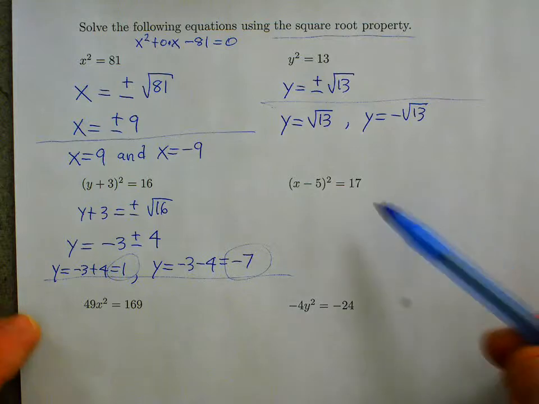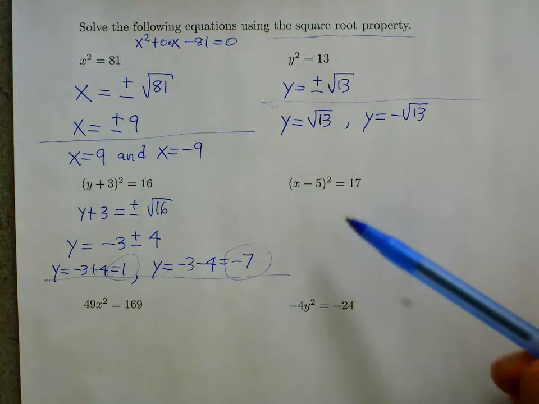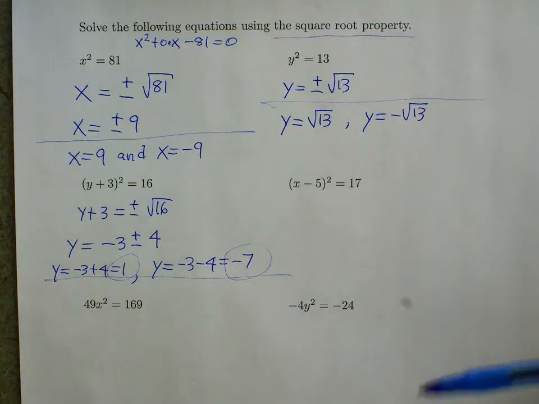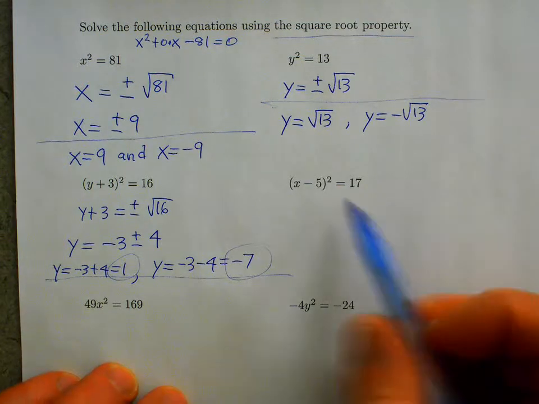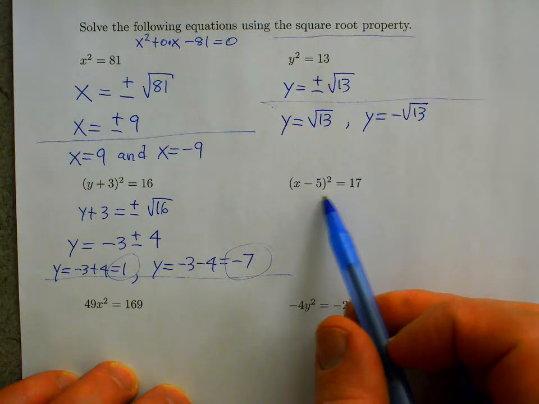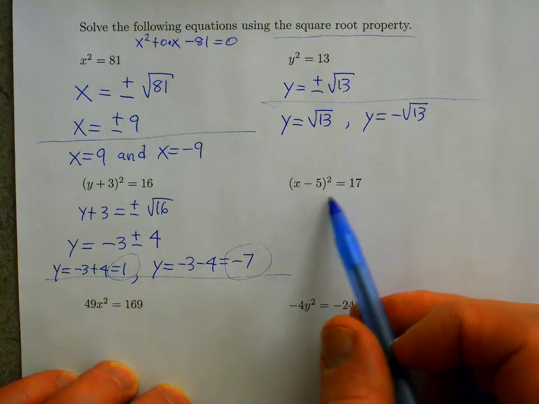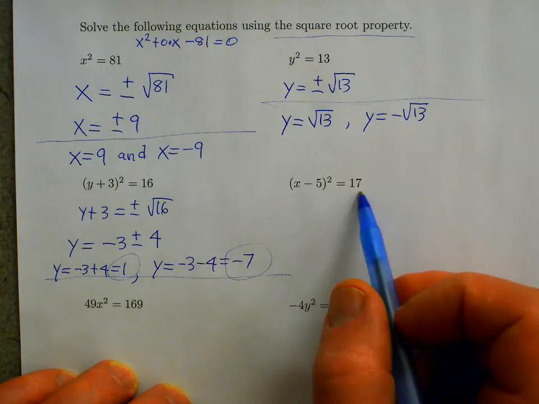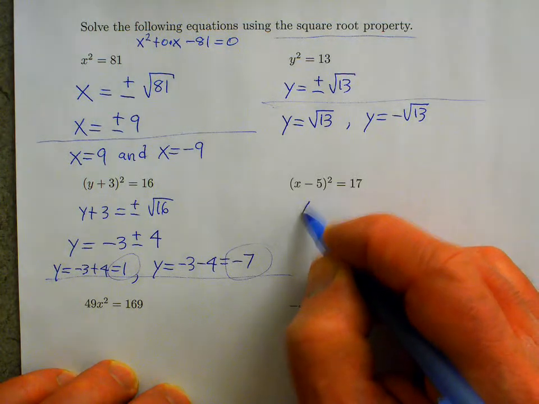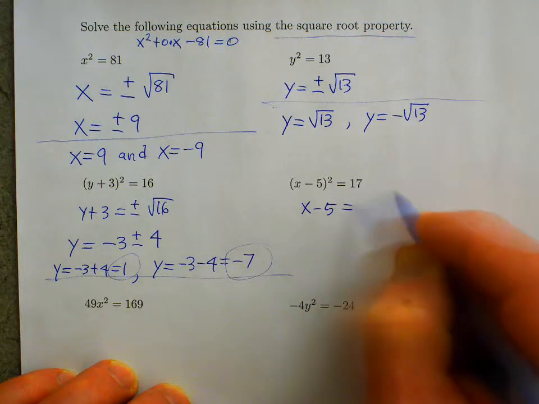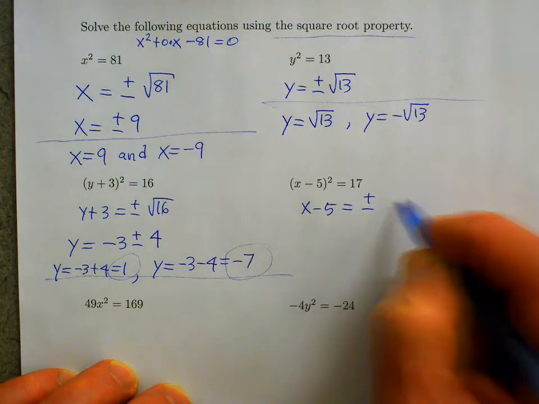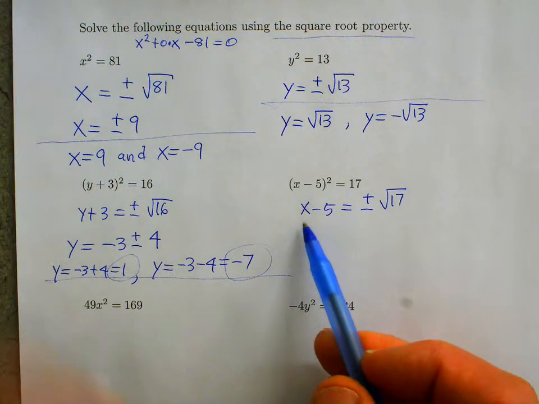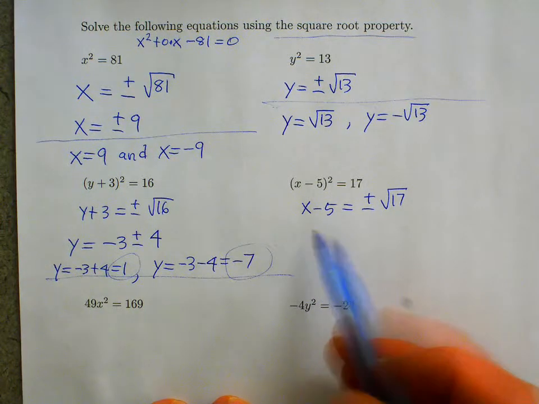Okay, the next one, this time we have the binomial x minus 5 squared equals 17. We can apply the square root property to this directly. So if the quantity x minus 5 squared equals 17, then x minus 5 equals positive and negative square root of 17. We want to solve for x, so we add 5 to both sides.